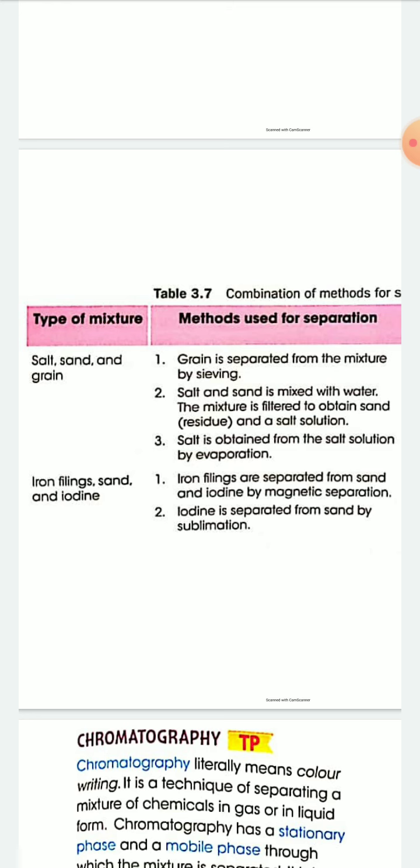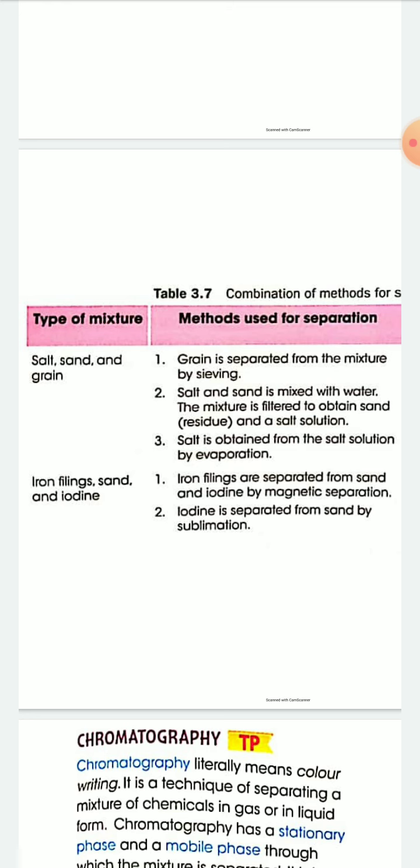You know that grain is separated by using sieving, and a sand and salt mixture can be separated by dissolving the mixture of sand and salt in water. So first you have to separate grain from the mixture of sand, salt, and grain by sieving. After that, you have to dissolve the mixture of sand and salt in water.